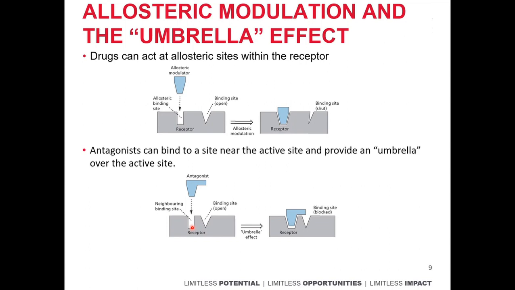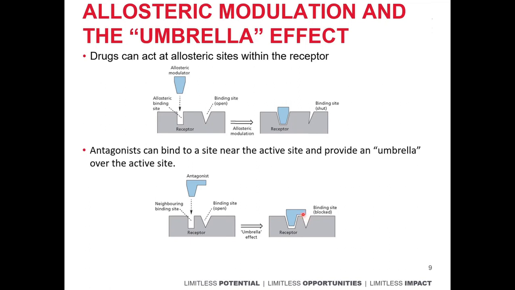Now through what's termed the umbrella effect, they can partially block or completely block the binding site for the messenger molecule. So in this case, the antagonist is not acting to change the structure of the binding site, but it's physically blocking it by binding to a very near site to the binding site and then blocking it with functional groups or large chains or rings built into the antagonist.